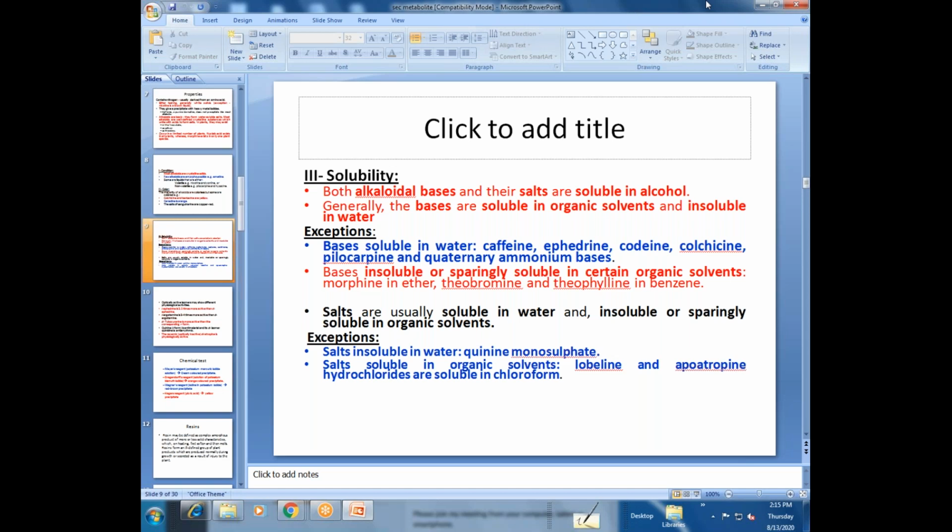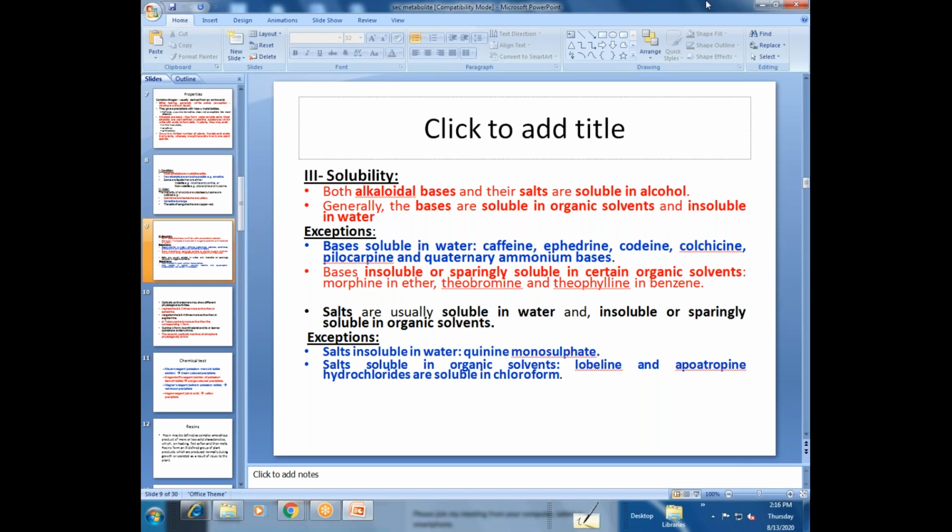So the exceptions are bases soluble in water: caffeine, ephedrine, codeine, colchicine, pilocarpine, and quaternary ammonium bases. We say bases are soluble only in alcohol and organic solvents, but these bases are soluble in water. These are the few exceptions.